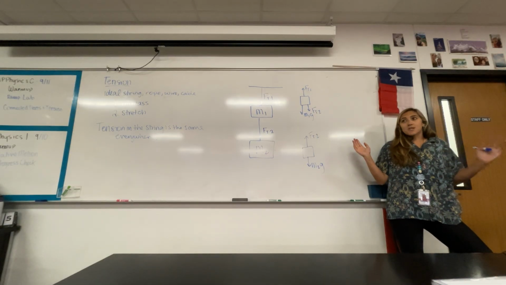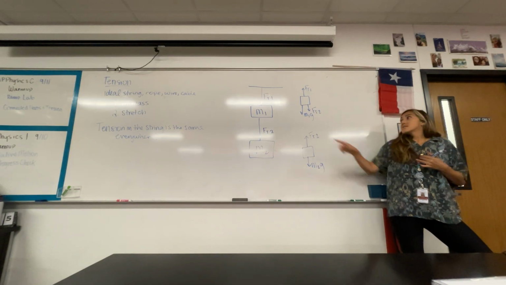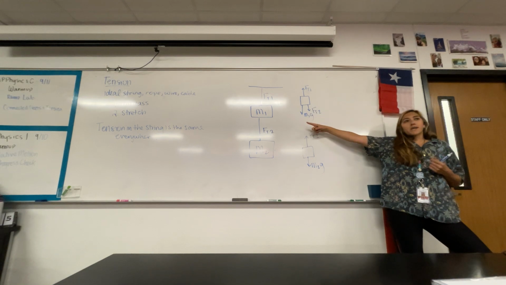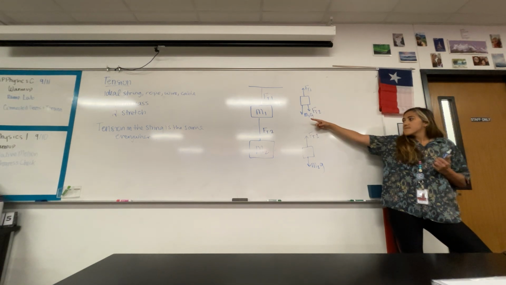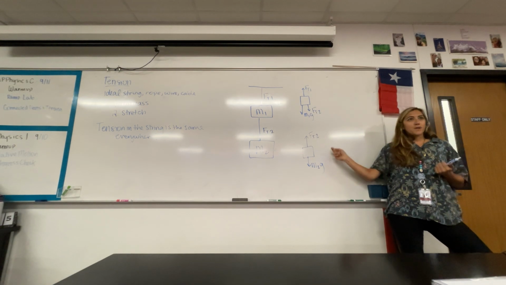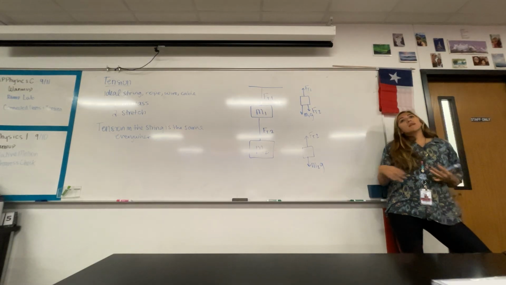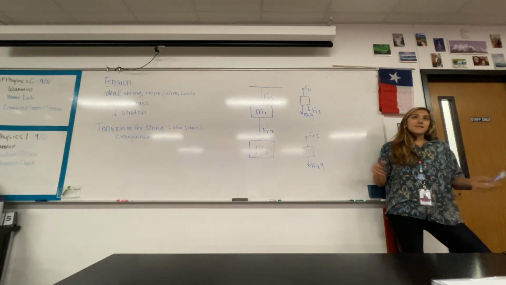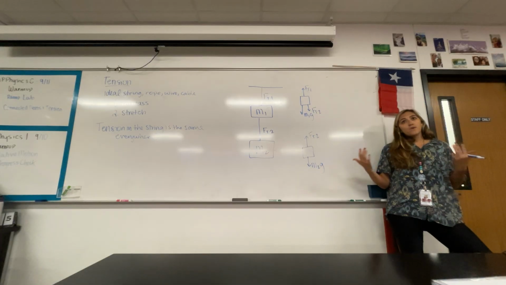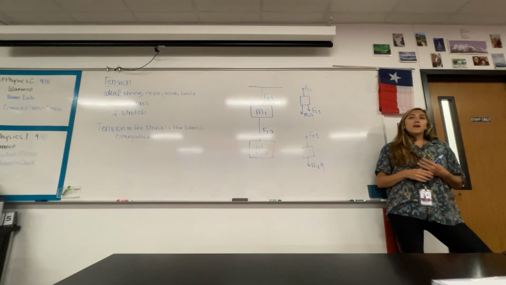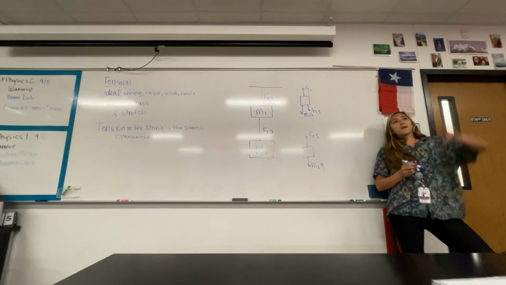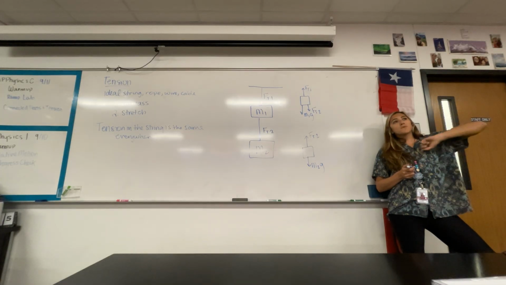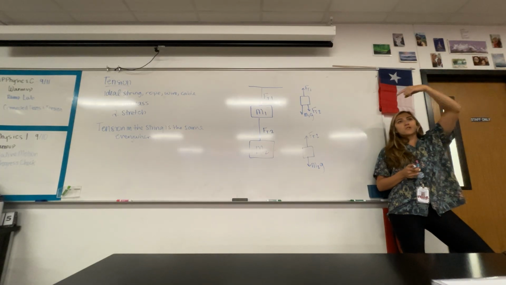So I'm allowed to make that cheat because FT2, which is actually what's pulling additionally on M1, is equal to just M2G. The point is, with an ideal string that has no mass, this setup is pretty simple. I only have the weight of the boxes to consider, so FT1 is carrying both boxes, FT2 is carrying one box. Question about this.